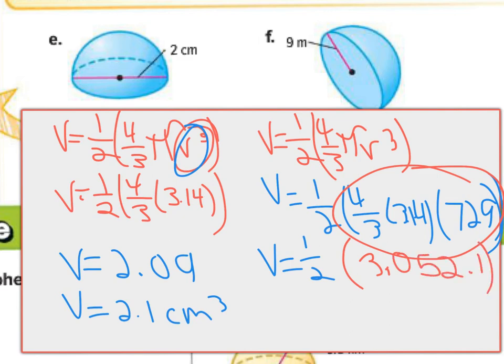And then when I multiply that times a half, or simply divide it by 2, I get 1,526.04, or just 1,526 is fine. And I'll put the 0.4 because we round to the nearest tenth. And that would be meters cubed.